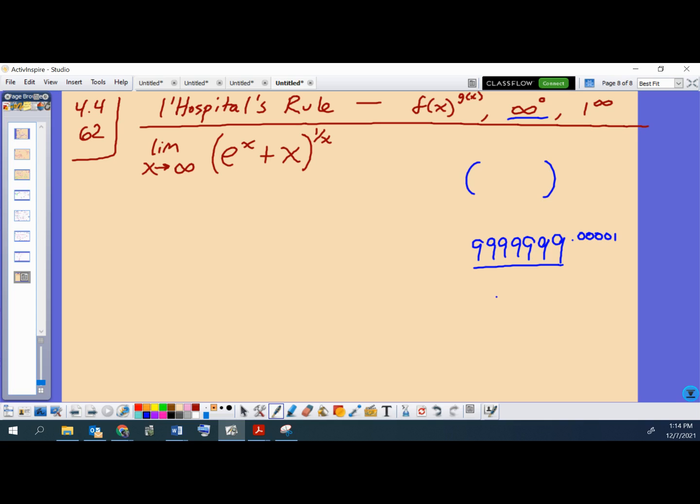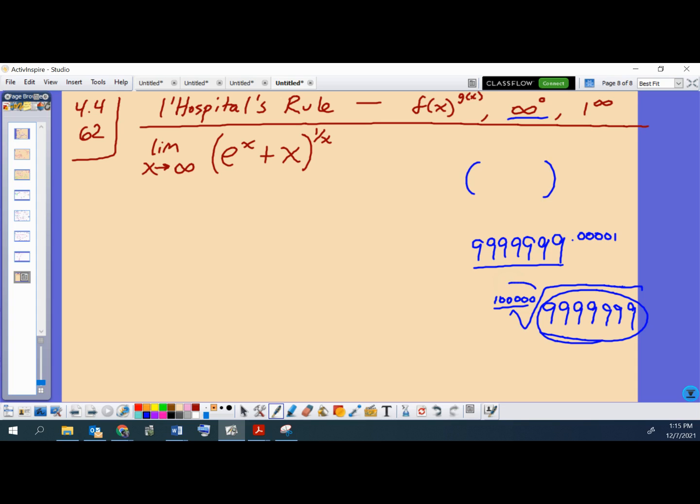So now you're talking about the 100,000th root of 9999999. I could get out a calculator, but you could imagine how, if this number is really, really big compared to this number, perhaps this value will actually be quite large.